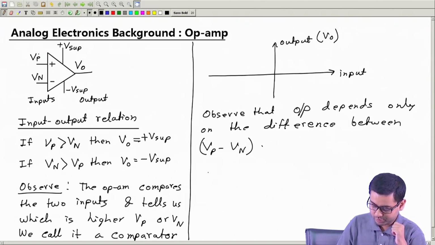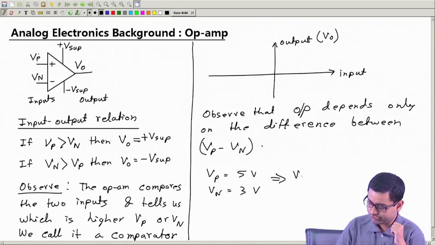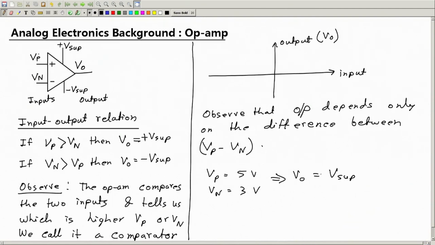It's possible that Vp is equal to 5 volt, Vn is equal to 3 volt. Then Vp is higher, so Vo will be equal to V supply.